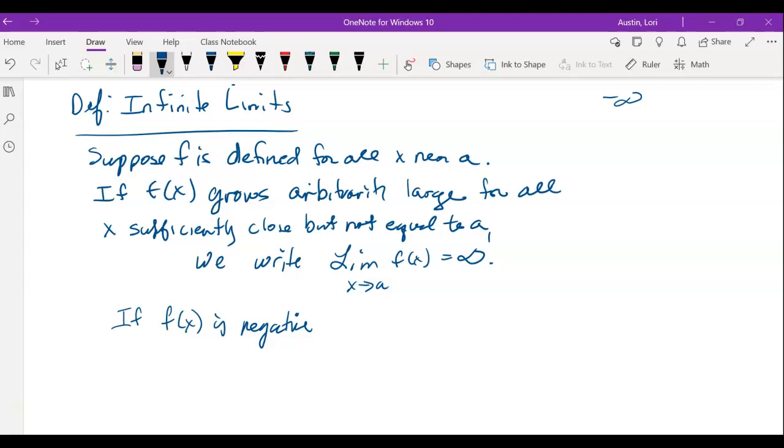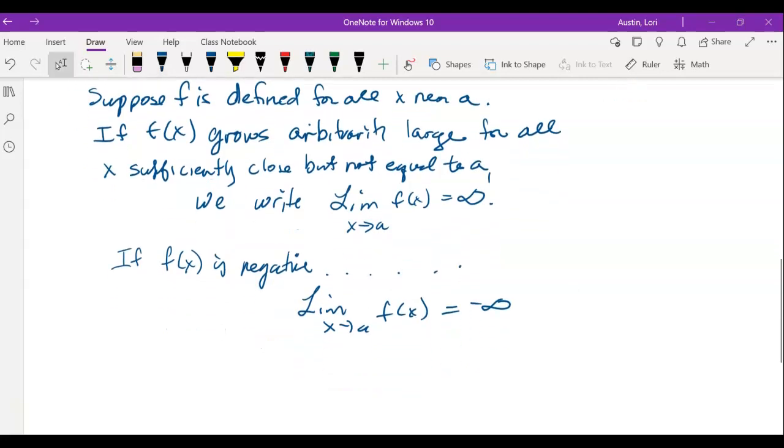Or what you might say is arbitrarily smaller and smaller and smaller. Then the limit as x approaches a of f of x equals negative infinity. You get the idea. I'm not going to make you read. You can read it in the notes. In both cases, technically, the limit does not exist. Remember that. So there's not much to the definition. You've seen it above.